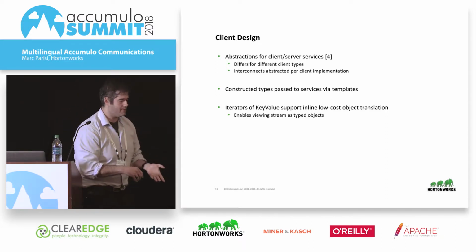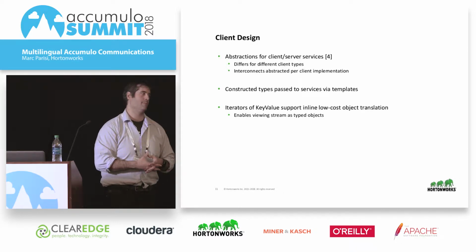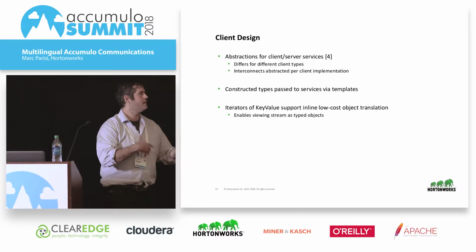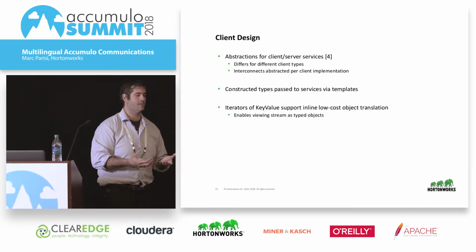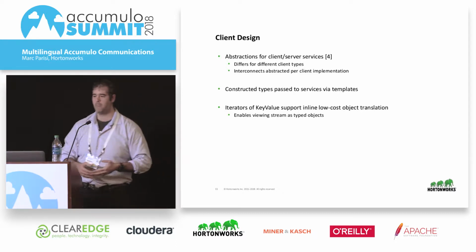So constructed types are passed via templates. Almost everything is a form of template metaprogramming. As I mentioned earlier, SFINAE is a relatively simple C++ concept that enables us to try out different types effectively at compile time.